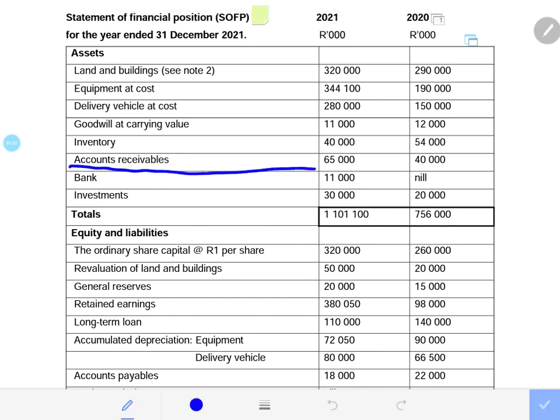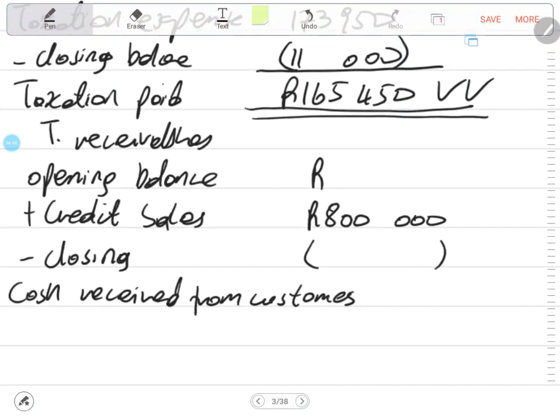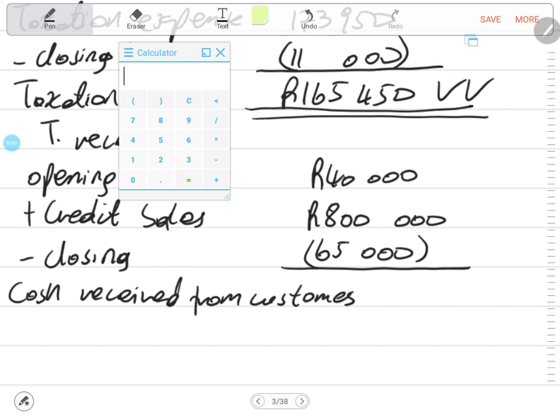There is our accounts receivable, 40,000 rands opening and 65,000 rands closing. Then the difference will be cash that has been received from our customers.